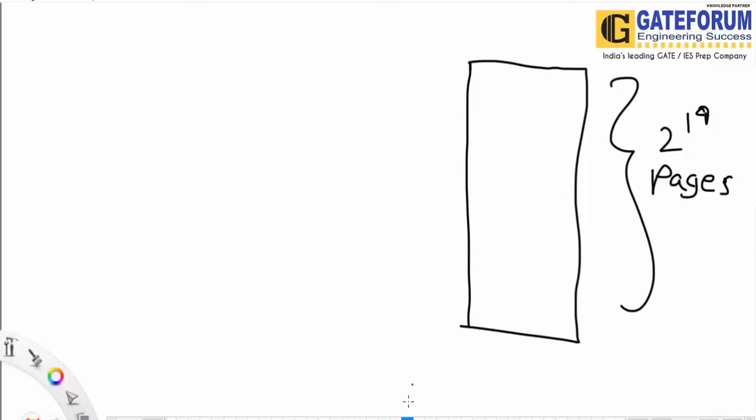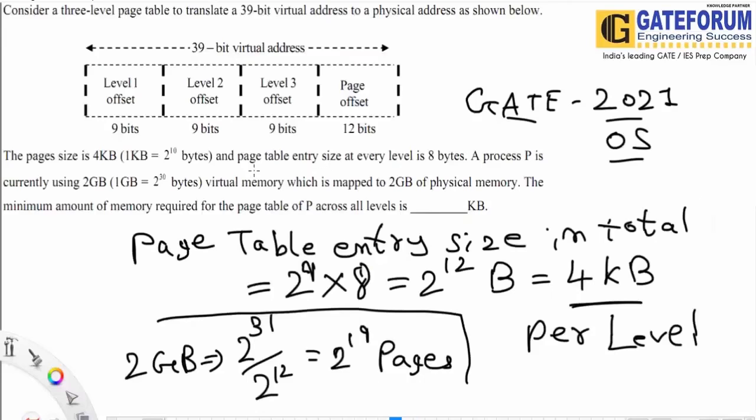Now the level 3 page table is basically of 9 bits. So level 3 can only point to 2 raised to 9 entries. One page table of level 3 can point to 2 raised to 9 particular pages in VM only.